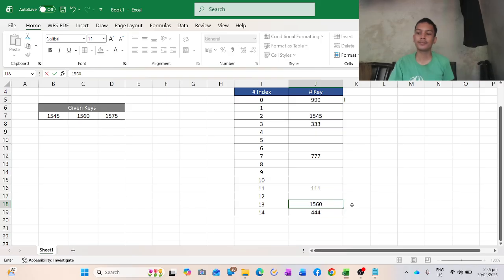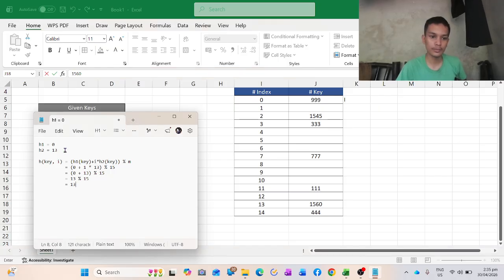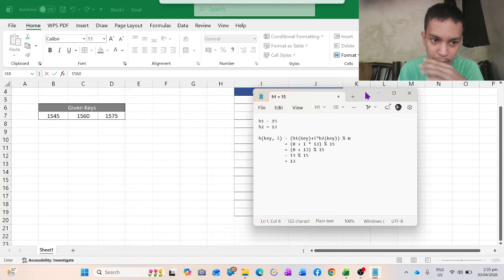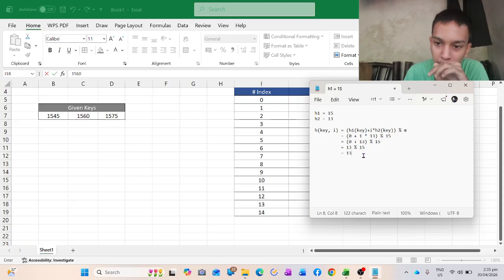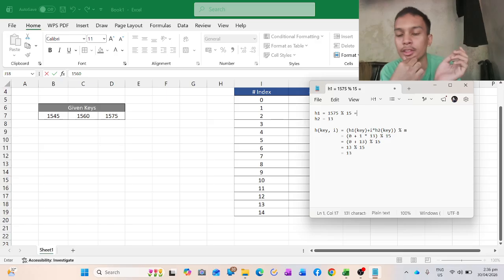Now we need to find out where we need to put 1575. We need to solve H1 again: 1575 modulo 15.